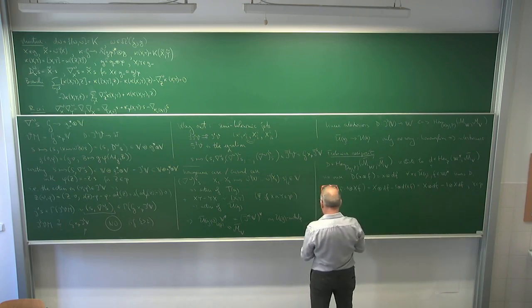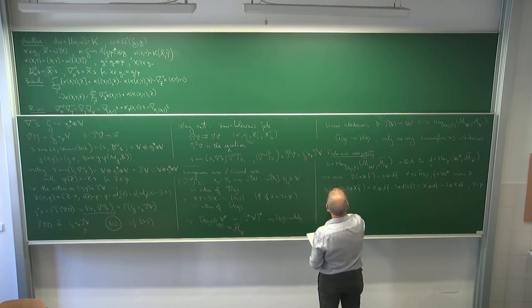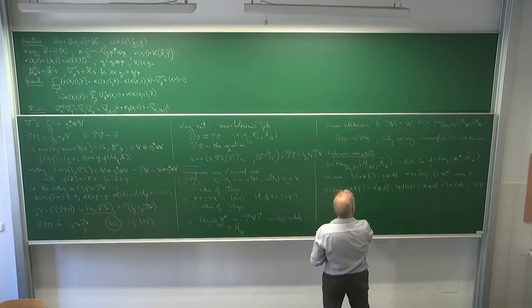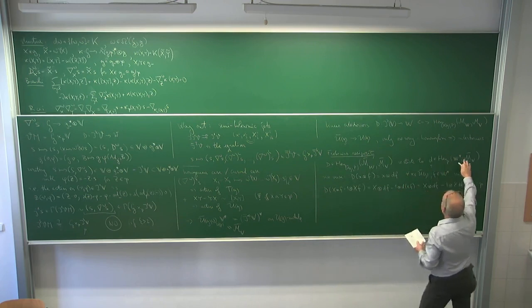So this shows the Frobenius reciprocity, which simply tells that these guys and these guys are the same.